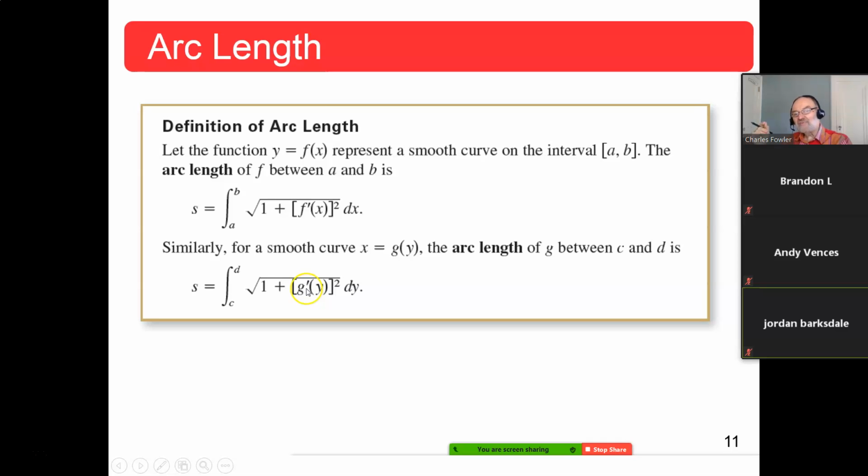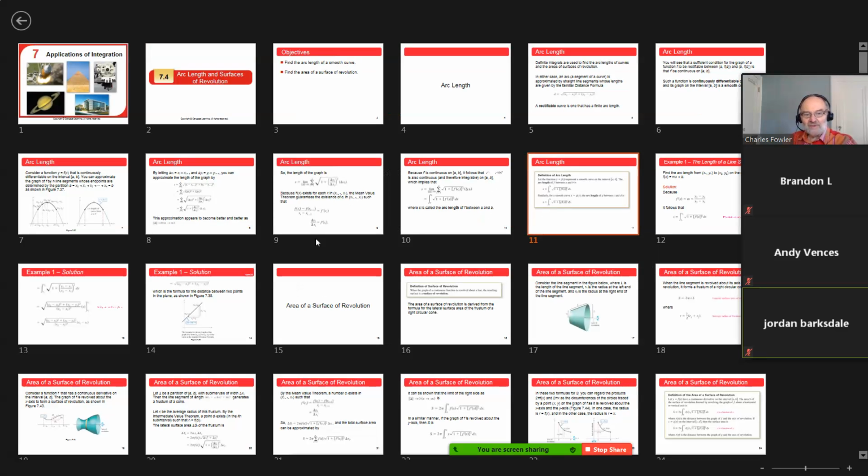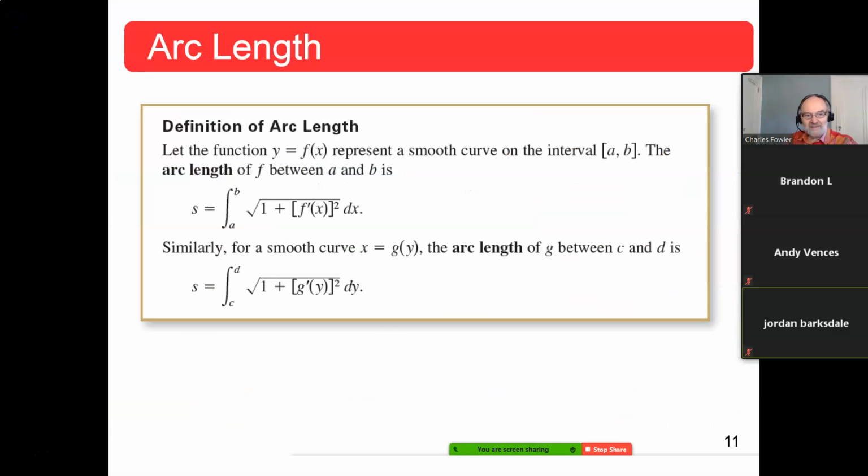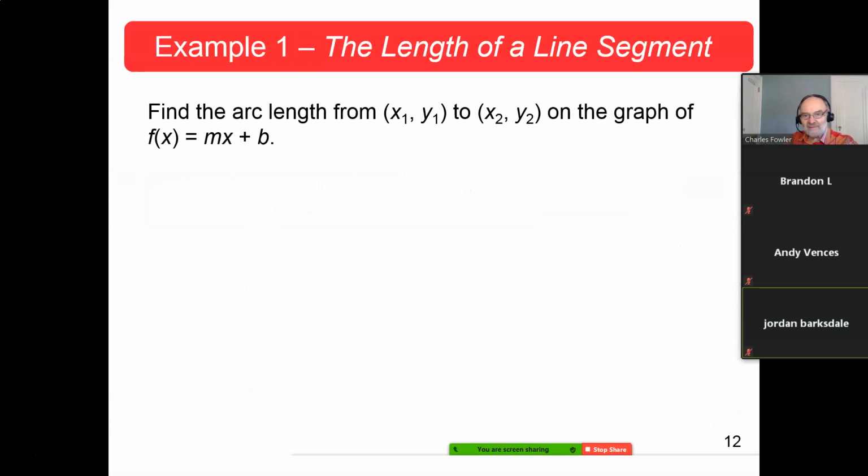Now that g prime is dg dy, not dg dx, but dg dy, a function of y. Same thing, you're just exchanging your variables. Whoa, I hit the wrong key. Sorry about that. Go back and hit the right key.